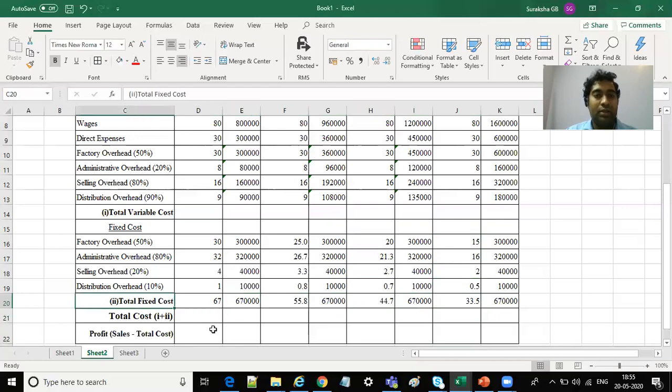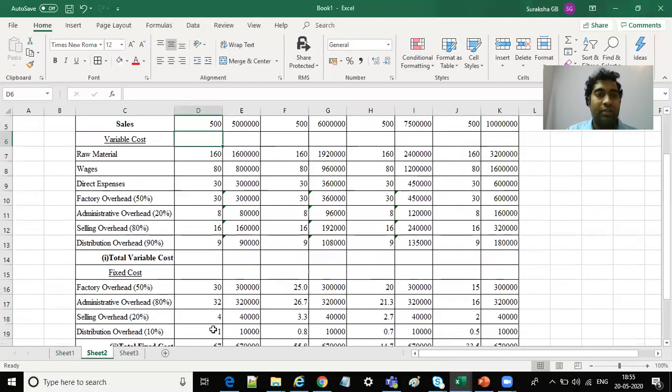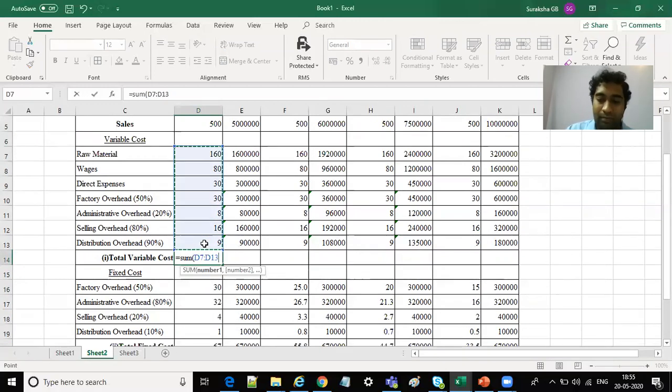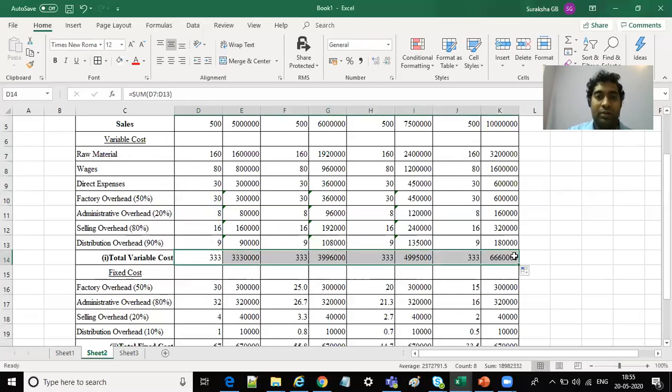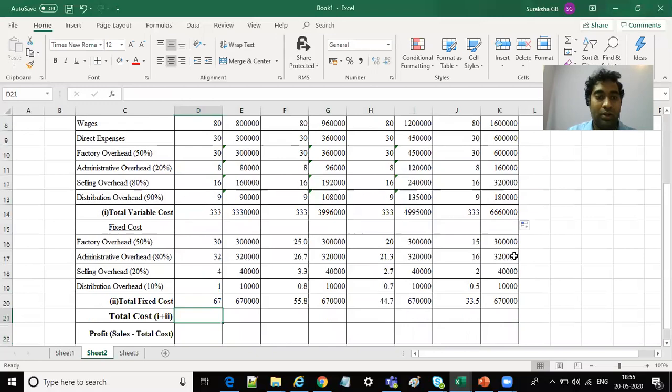Next thing, we need to calculate the total cost. To calculate the total cost, we need the sum values of the variable cost, that we will do now. Next, the total cost will be calculated as total variable cost plus total fixed cost, and we've got the values for everything.